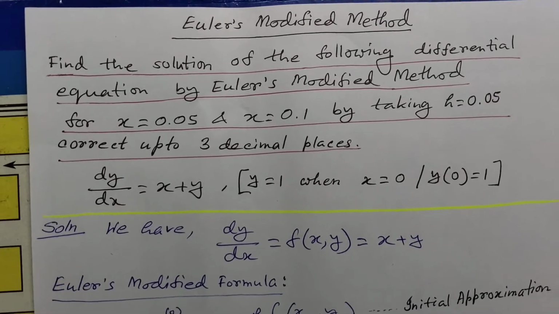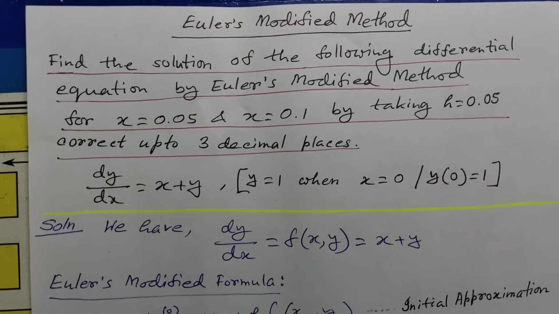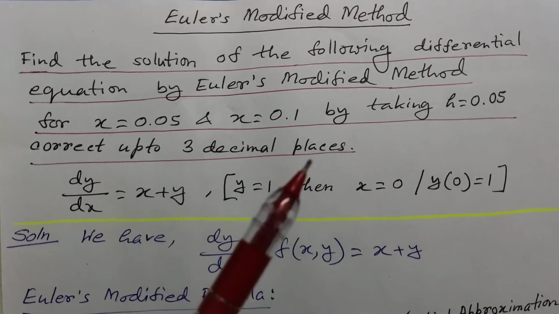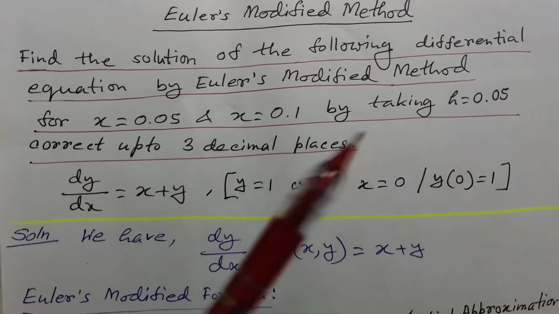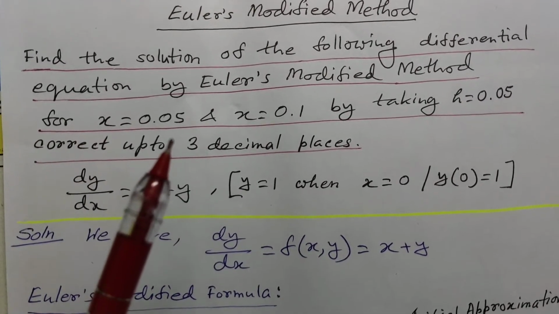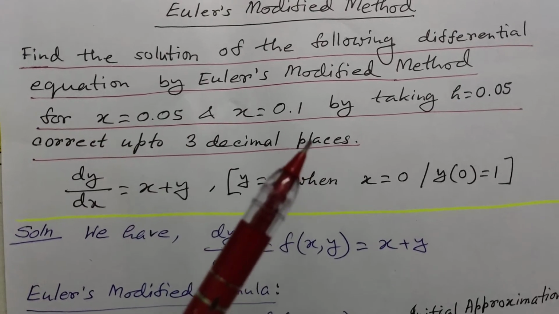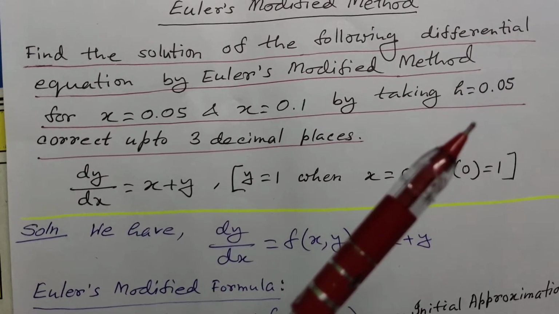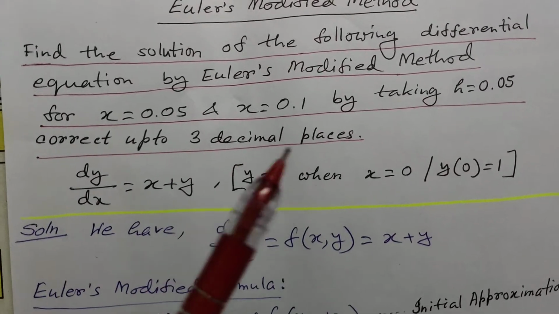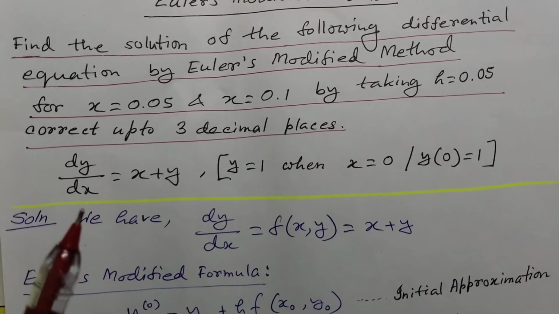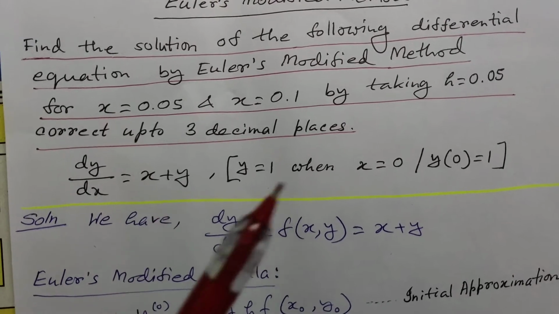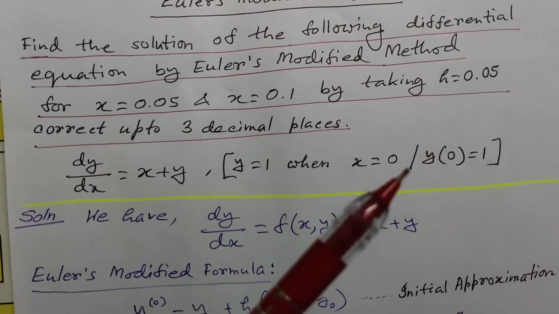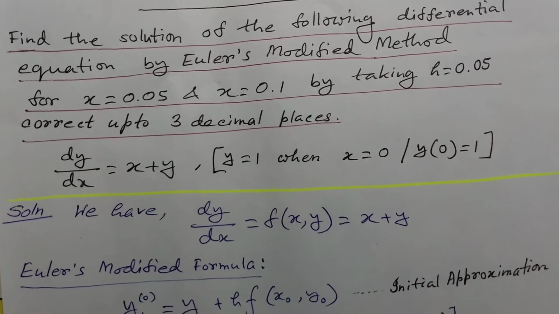Now we have a question: find the solution of the following differential equation by Euler's modified method for x equals 0.05 and x equals 0.1, by taking h equals 0.05, correct up to 3 decimal places, where dy/dx equals x plus y, with y equals 1 when x equals 0, or y0 equals 1.